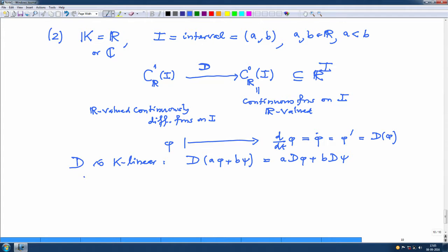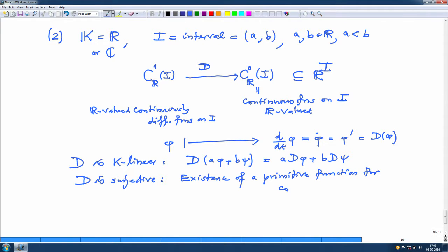Another thing is D is surjective. That means given any continuous function, there is a continuously differentiable function whose derivative is the given function. So this is precisely the existence of a primitive function for continuous functions.